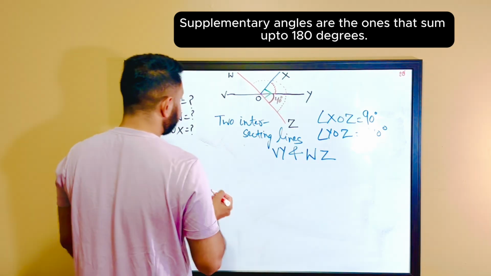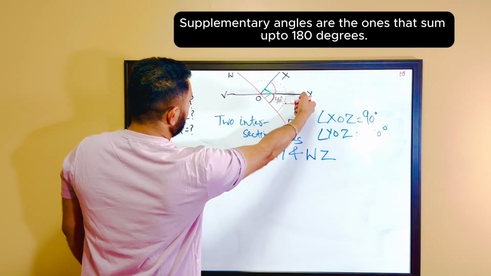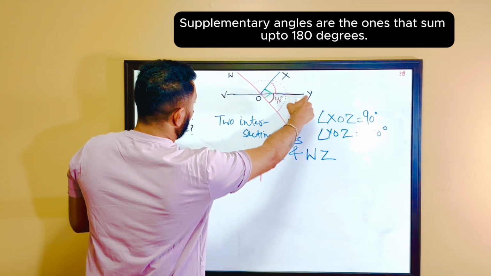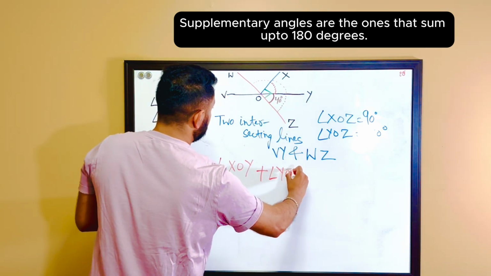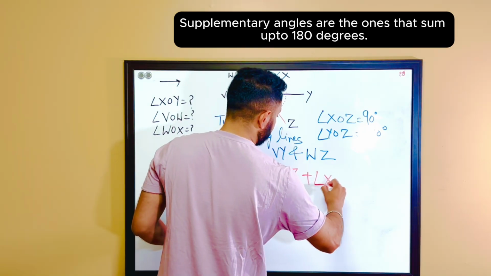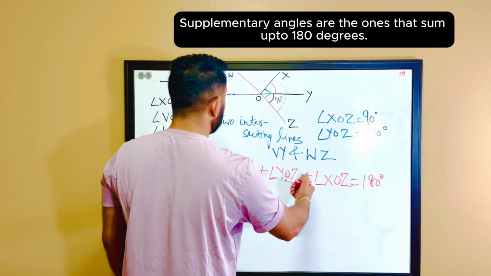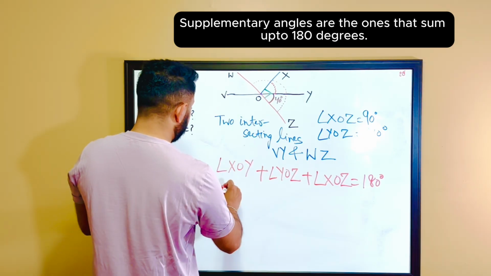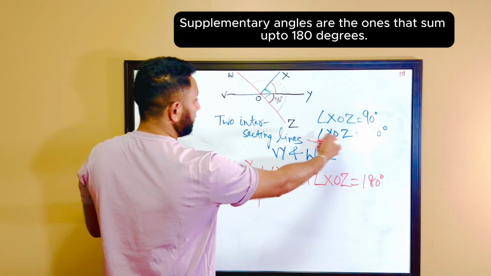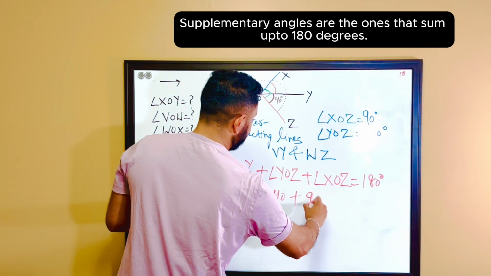So we can write it down like this: XOY plus YOZ plus XOZ is 180, because these are all supplementary angles, and XOY is what we need to find out, and YOZ is 40 degrees and XOZ is 90 degrees.